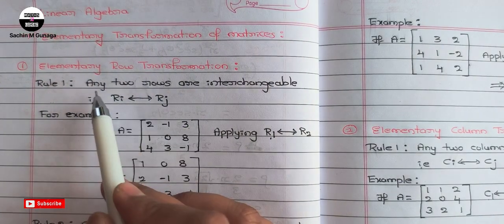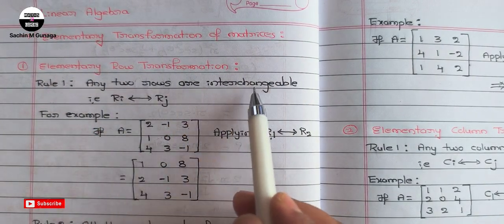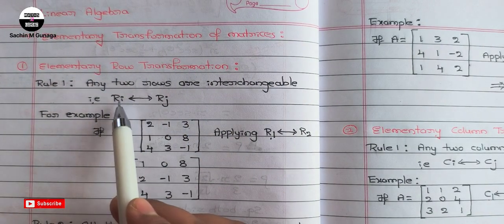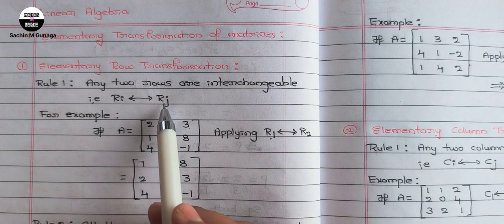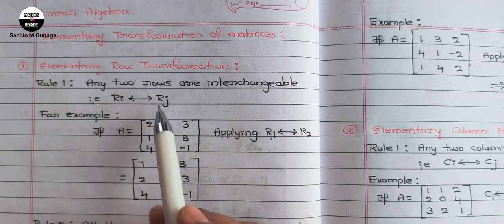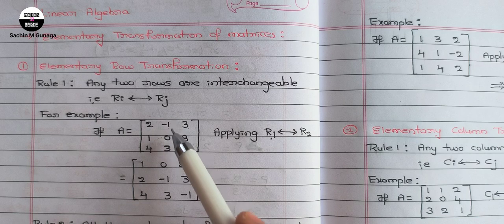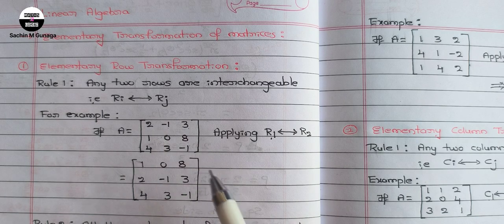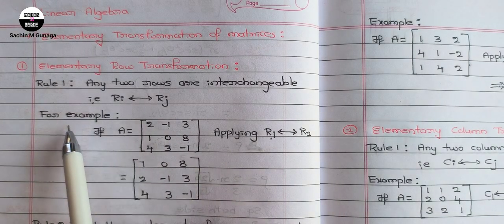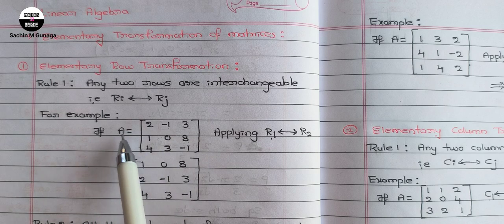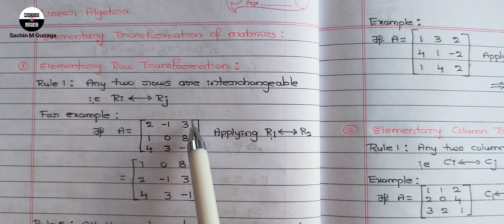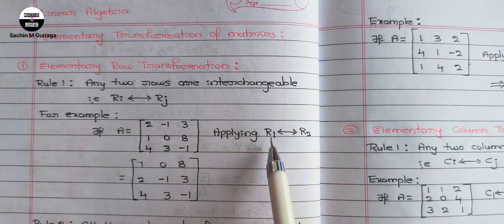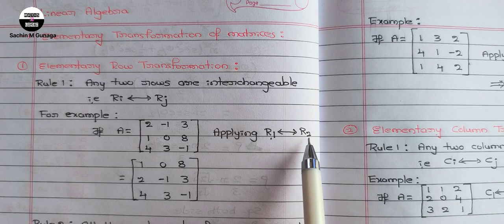Now let us understand rule number 1. What is that rule? Any 2 rows are interchangeable. That is, Ri interchanges to Rj. This means in the given matrix, any 2 rows we can interchange. For example, this is one matrix A, in which we are going to interchange R1 and R2.